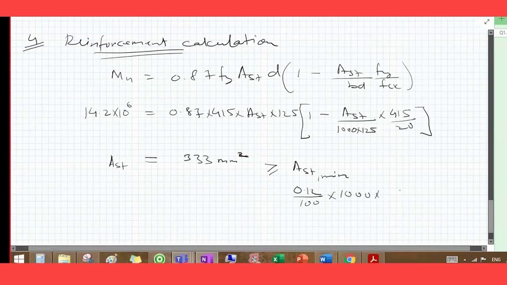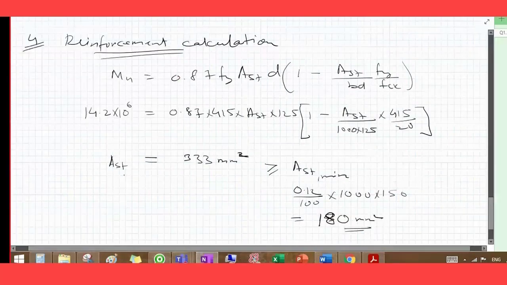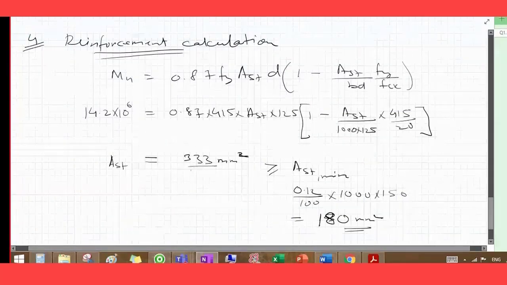B is 1000, and D which you have provided is 150 mm. So minimum steel is actually how much? It will be 1.2 into 150, which is 180 millimeter square. Okay, so you can see your AST is greater than or equal to AST minimum, which is fine. So you're going to provide AST as 333 millimeter square.